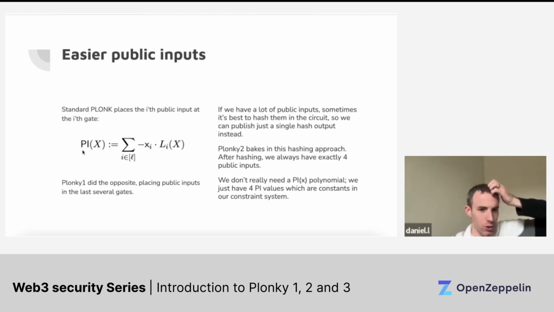So I wouldn't say it's strictly better. I think it's probably better if we have quite a few public inputs. It's nice to condense them and to minimize the verifier work that way, especially if we're focused on recursion speed, then as you said, it's good to minimize the verifier work.